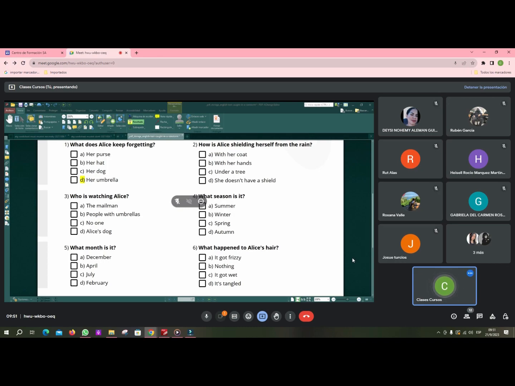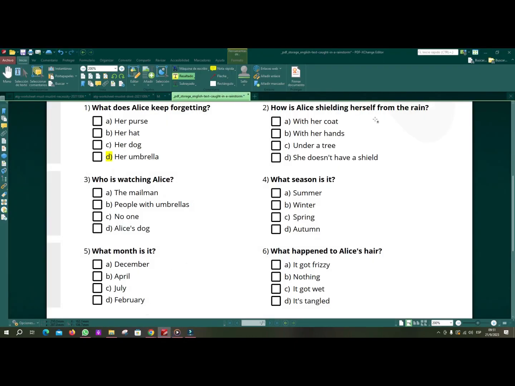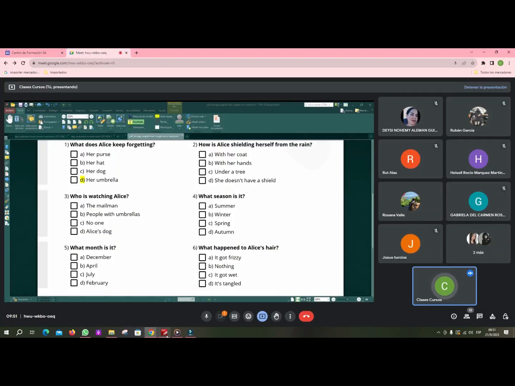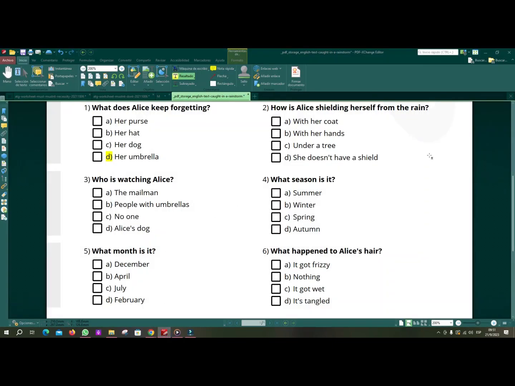Mr. Josué? Hazel, Gaby, Gabriela, Mr. Ruben, which could be? Do you know shielding? Protegerse, right? From the rain. ¿Qué usa ella para protegerse de la lluvia? Yes? Miss Roxy, tell me. B, like, Letter B with her hands? Sus manos?